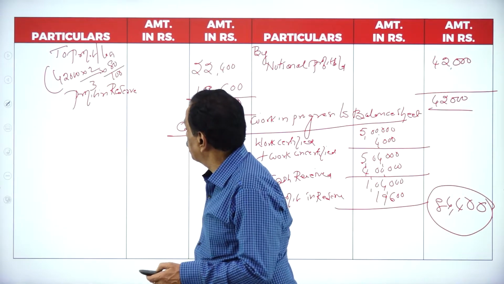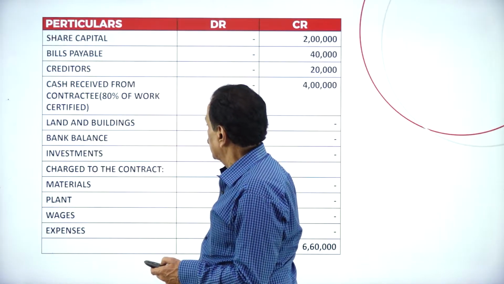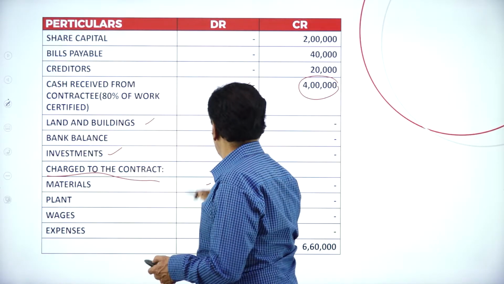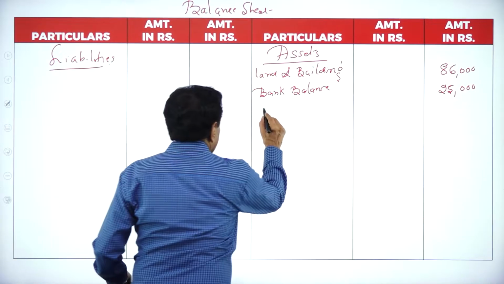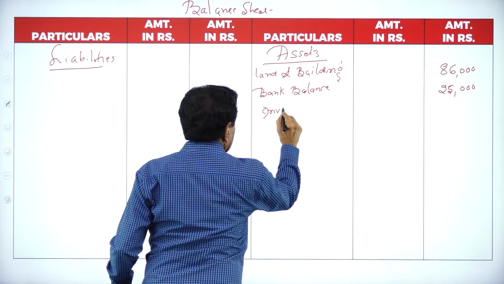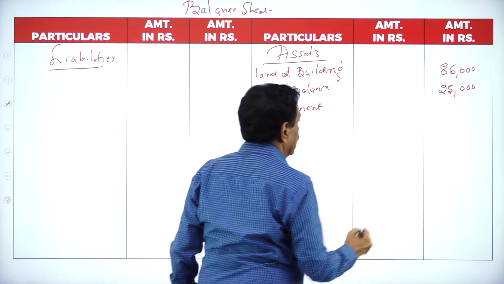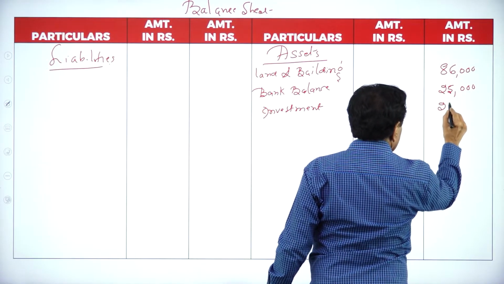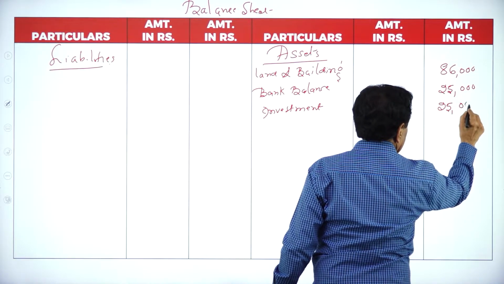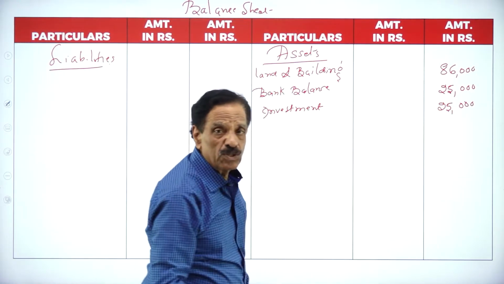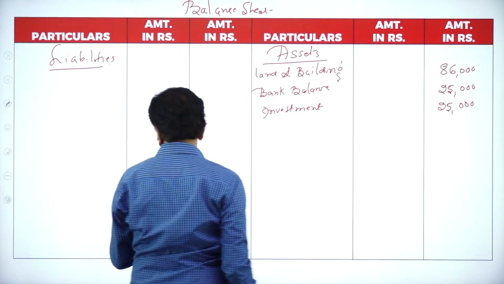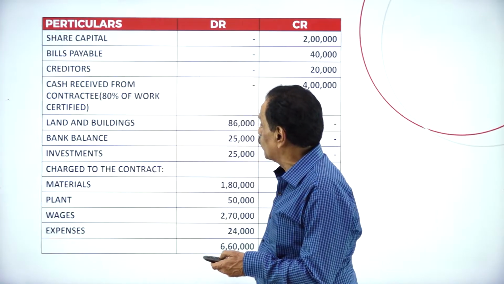What is next one? Investment is 25,000. Then your balance sheet trial balance items are over now.